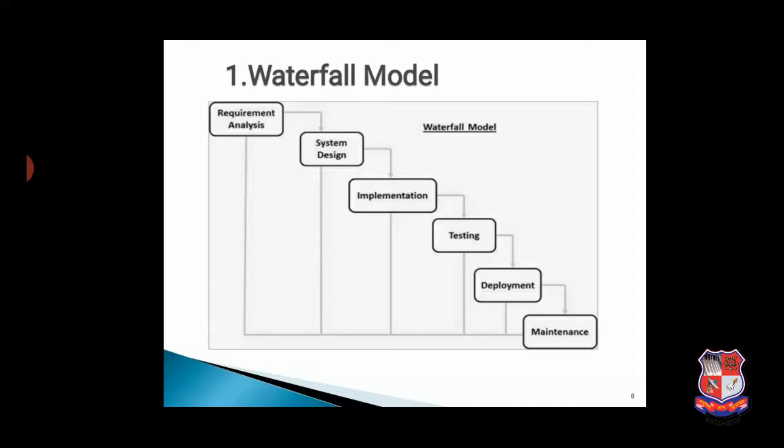Note it down in your notebook. This is only for the documented form. Whatever the user requirement and whatever the customer requirement, that will first be in documented form. Now the next phase is system design.